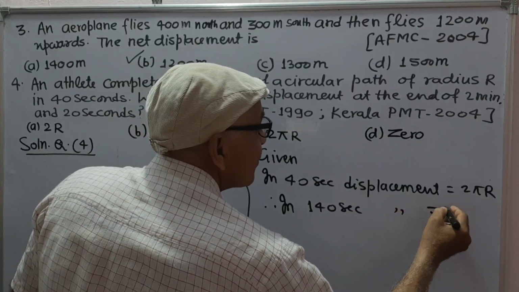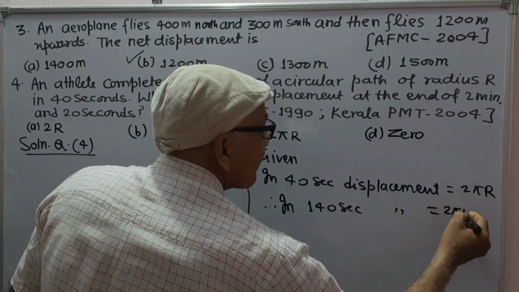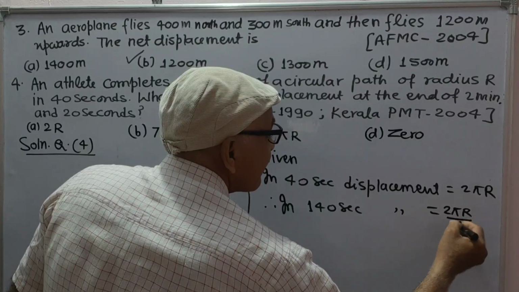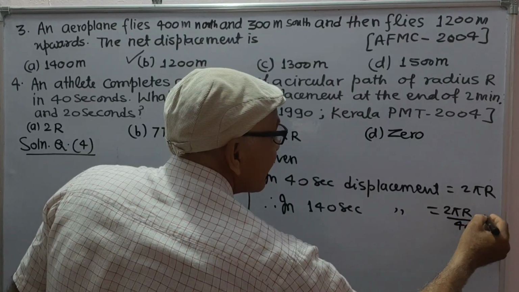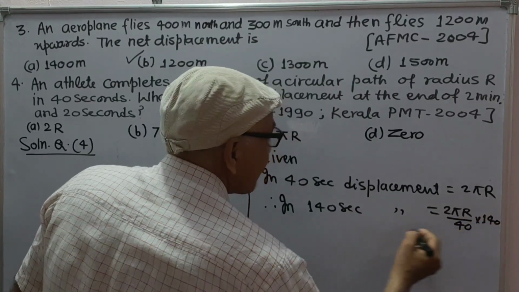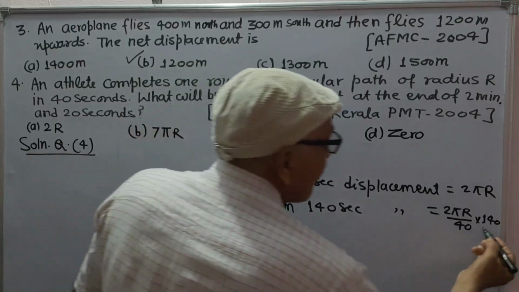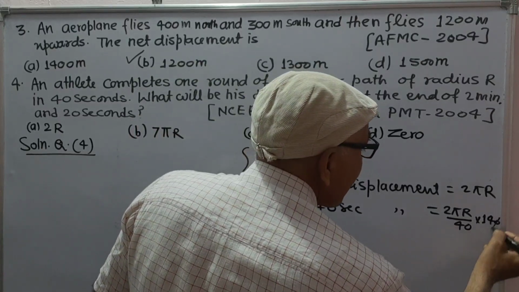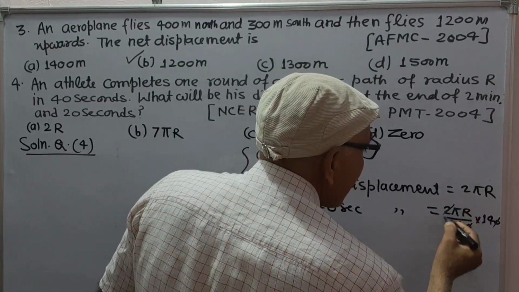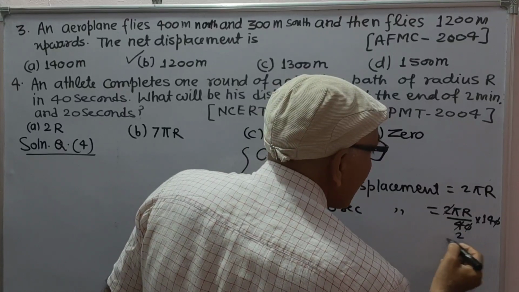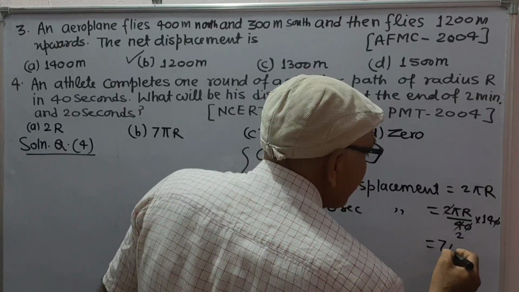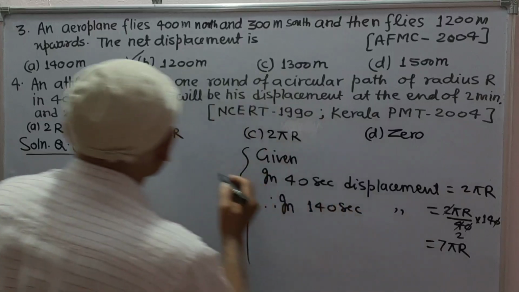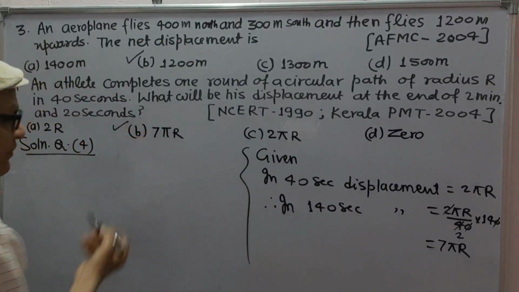Displacement will be equal to 2 pi r divided by 40 multiplied by 140, which will be 7 pi r. So, the correct option is B.